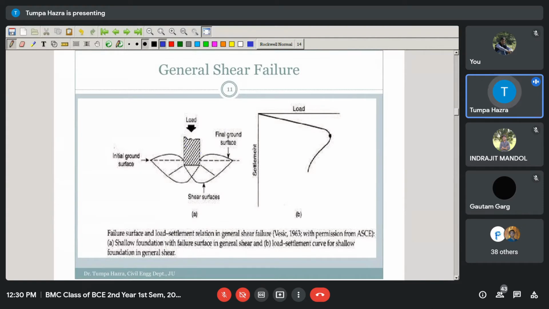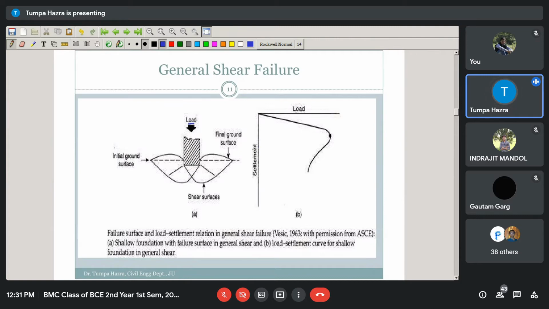So let us consider this is the schematic representation of the building. Whenever you are constructing the building, it will basically transmit the load of the building through the foundation to the underneath soil.